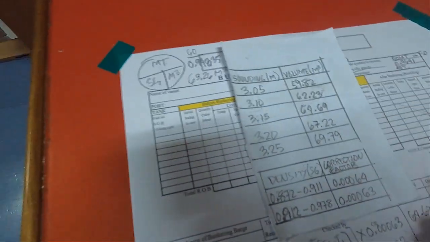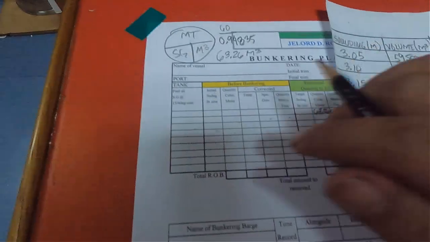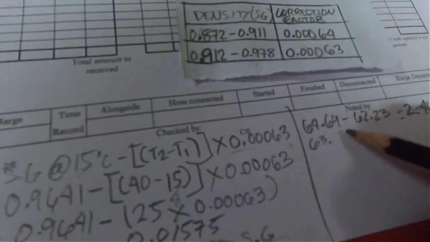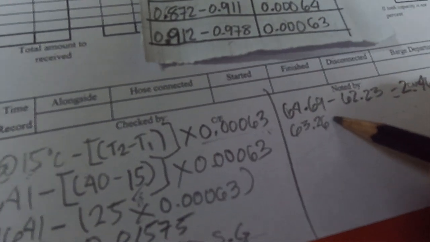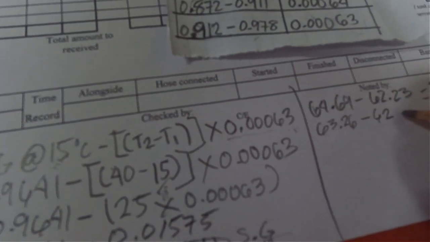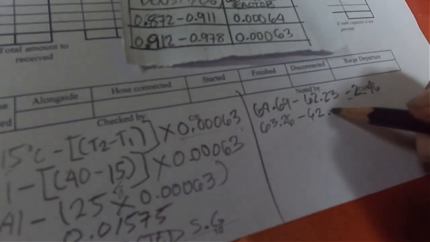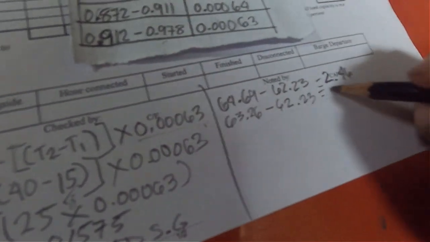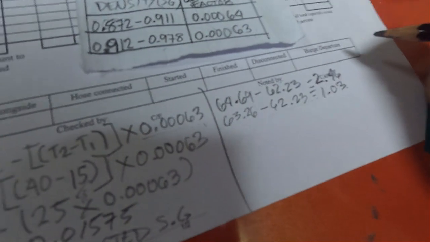Then your actual volume, 63.26 minus 62.23 is equal to 1.03.